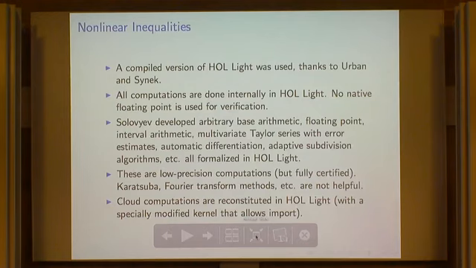So these are low precision computations. People often ask if we use special algorithms for high precision arithmetic, like fast Fourier transform algorithms for multiplication. That's really not necessary at all. These are not high precision calculations. You just have to verify everything you do.